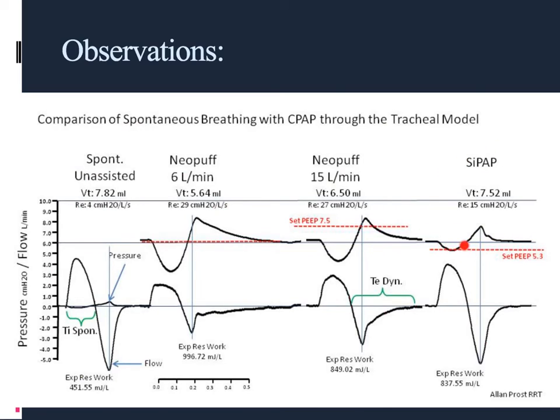The induced work of breathing is dramatically lower, about approximately half of what the induced inspiratory work of breathing is on the NeoPuff, and expiratory flow is also greatly enhanced, so the expiratory resistance is approximately half of what the expiratory resistance is on the NeoPuff, even at the higher background flow rate. So these are some important considerations when trying to deliver CPAP to a spontaneously breathing neonatal patient.